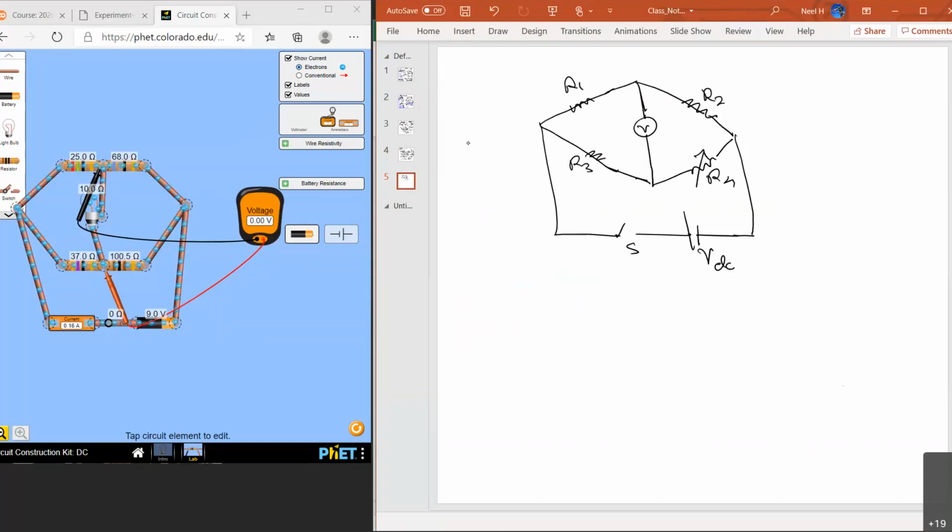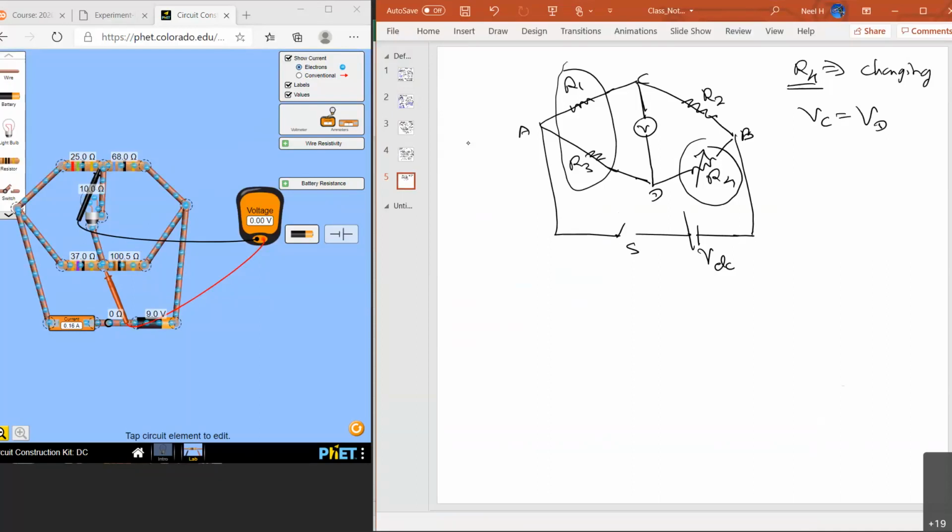Now, let's put the letters here, A, B, C, and D. By changing R4, we can make VC equal to VD. At that point, I can write an Ohm's law equation for R1 and R3, right?